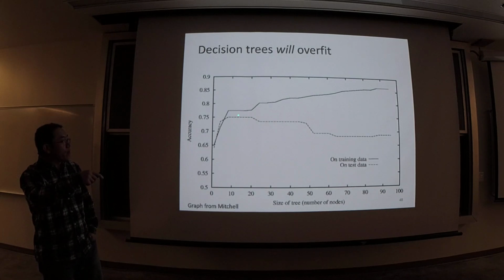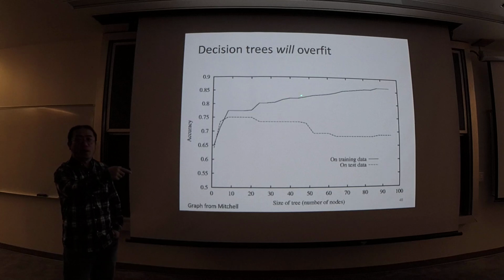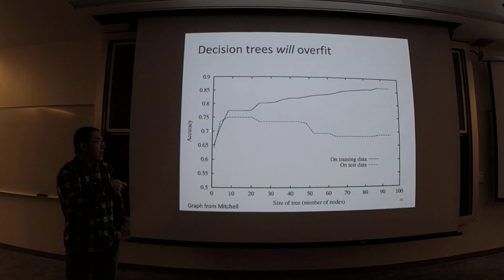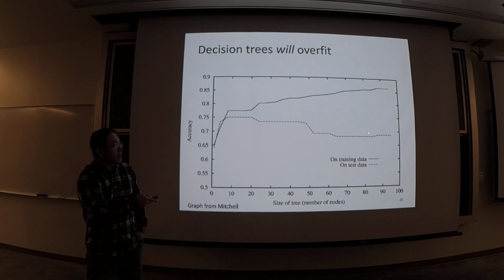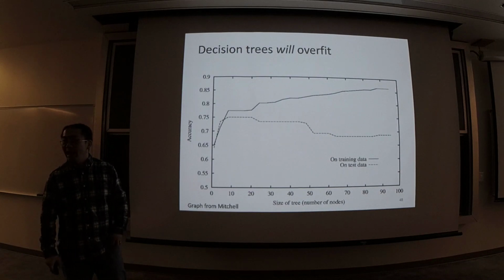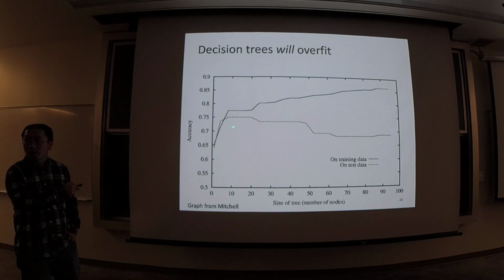The solid lines represent the training accuracy, meaning that you use training data to predict the training data and calculate accuracy, and the dashed lines represent the test accuracy with some unseen future test examples. As we can see, at the beginning when we increase the tree size, both accuracies increase, right?